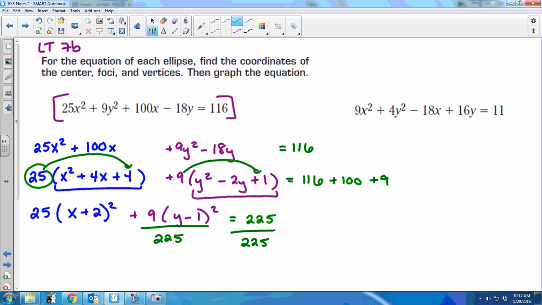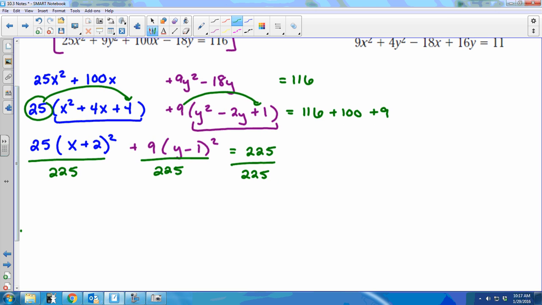But since it's an equation, you have to divide everything by 225. When you do that, you'll need to reduce the fractions, right? So that's what's going to end up getting you standard form.